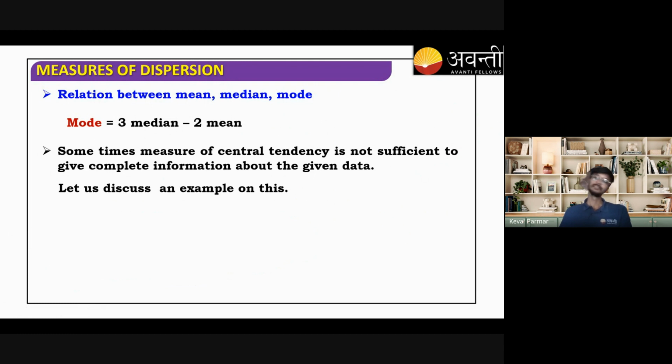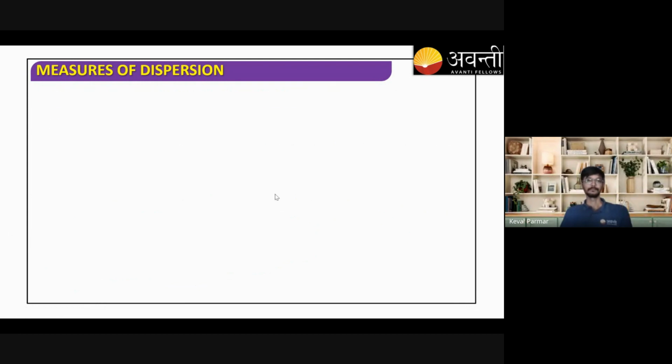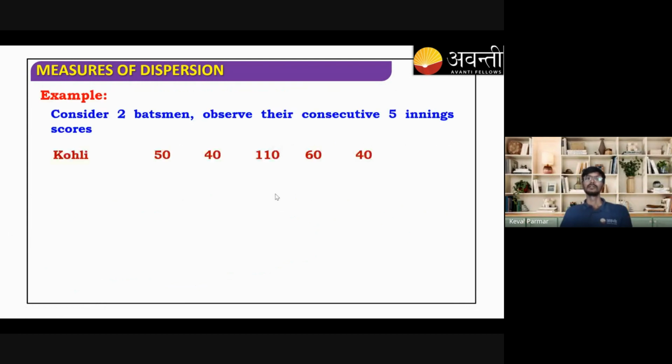See, this example is very nice, guys. I have taken a good example. If you understand this, then you will know why only measuring the central tendency is not enough. Consider two batsmen and their scores in 5 consecutive innings. One of them is Kohli and the other is Raina.